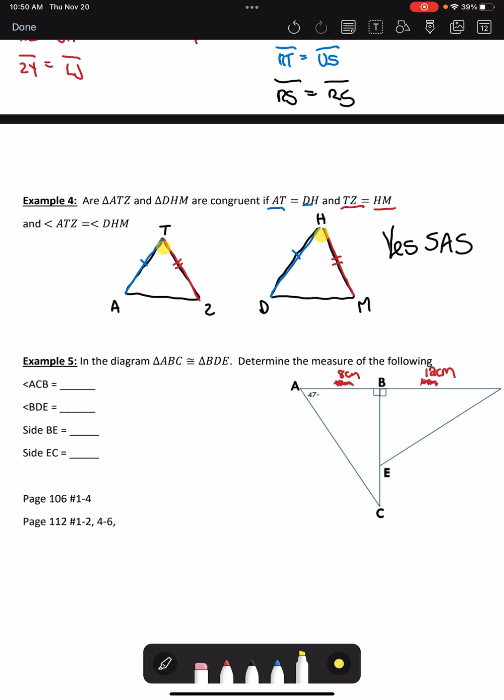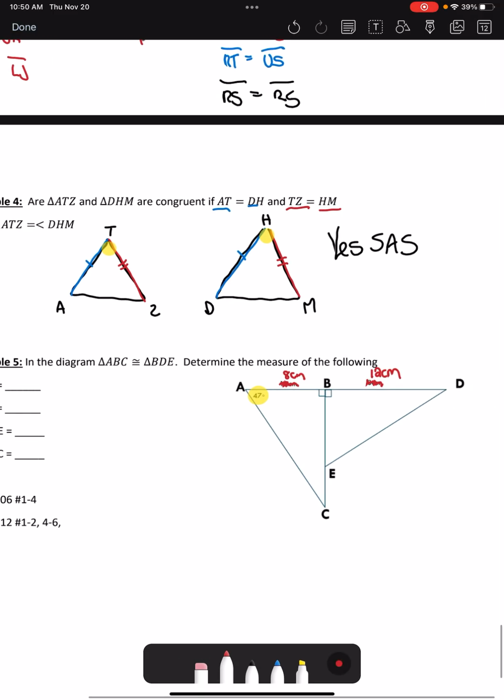So we know the 47 degrees is going to be congruent with which angle? So I can see if this is 8 centimeters, this is definitely 8 centimeters. I'm going to write that in. So that means the congruent angle would be right here. So 47 degrees would be right here. So that is angle BED.